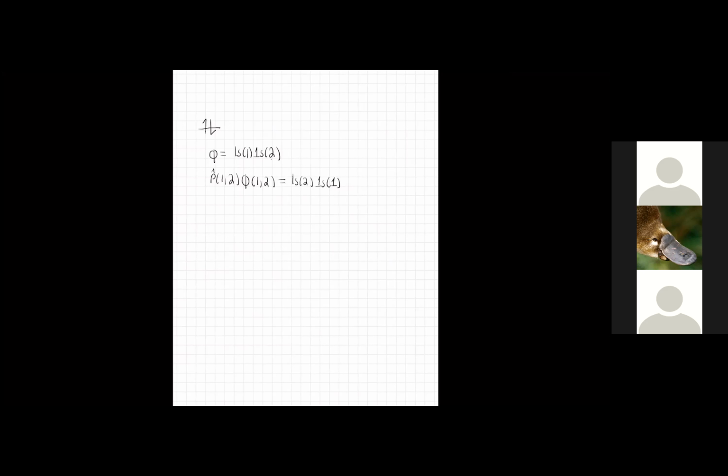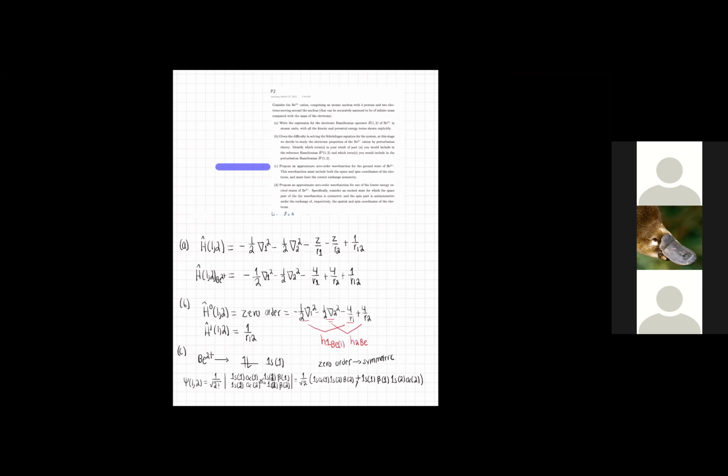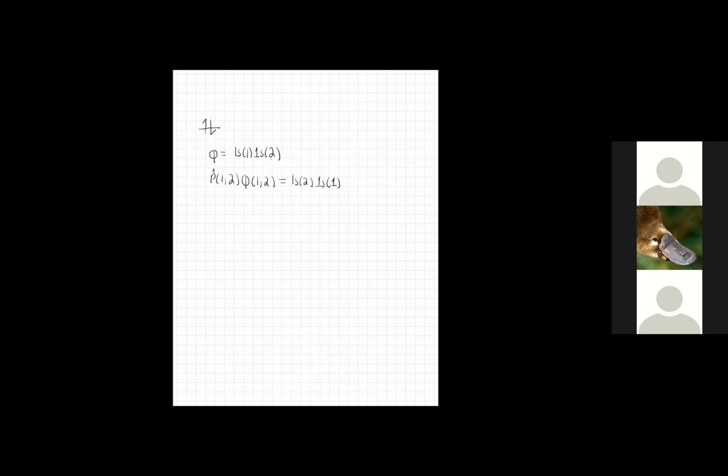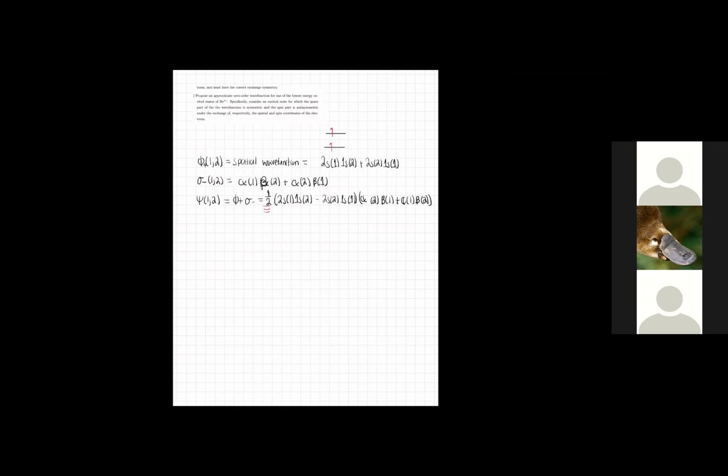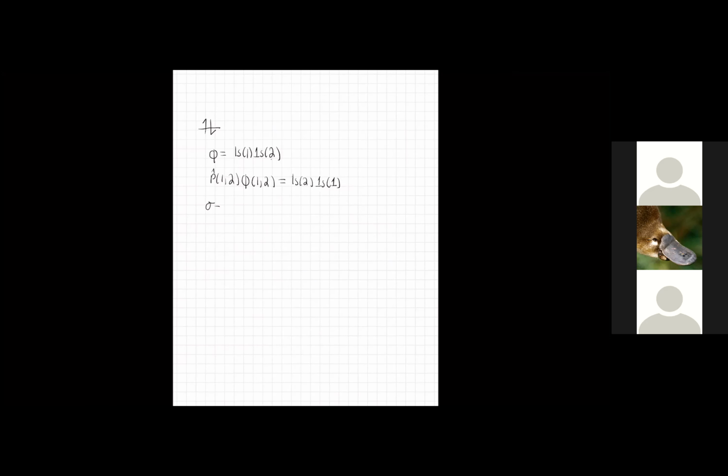Okay, and from this, you also have to make a wave function for the spin part. The spin part can be either up or down. Since we don't know which electron is which, we don't know which electron is spinning up and which one is spinning down.